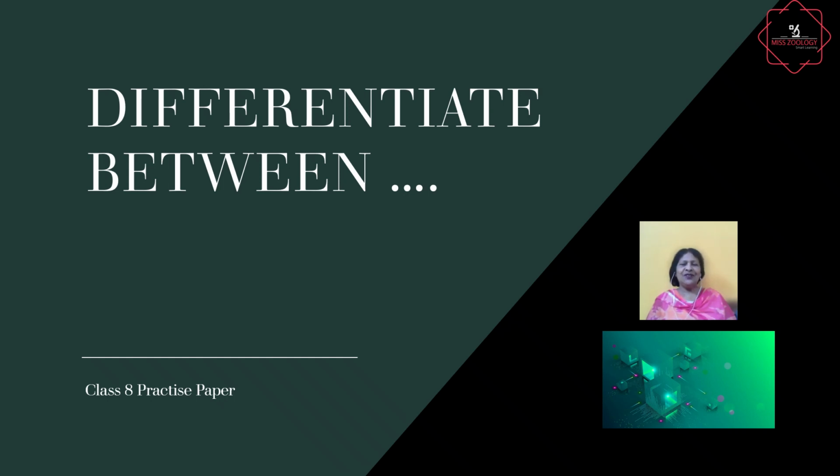In this session, I'll give you important tips so as to attempt questions on differentiating between given pairs. What you've got to bear in mind is you should write the differences in a tabulated form. The points on which you differentiate between the pairs should be compatible points.